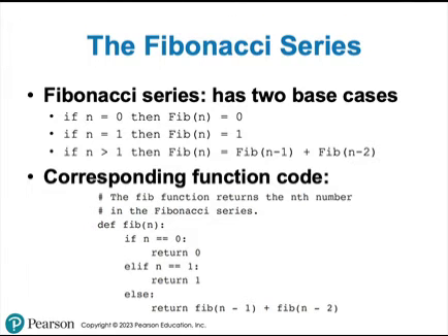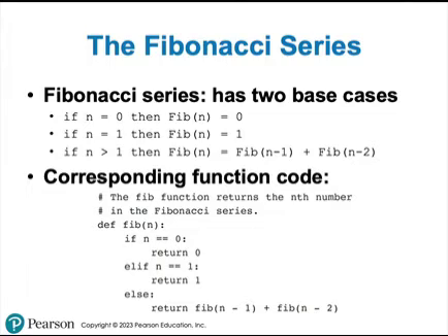The next is a Fibonacci series. Fibonacci series actually has 2 base cases. These are cases where you just kind of give an answer, because the Fibonacci of 0 is 0 and the Fibonacci of 1 is 1.